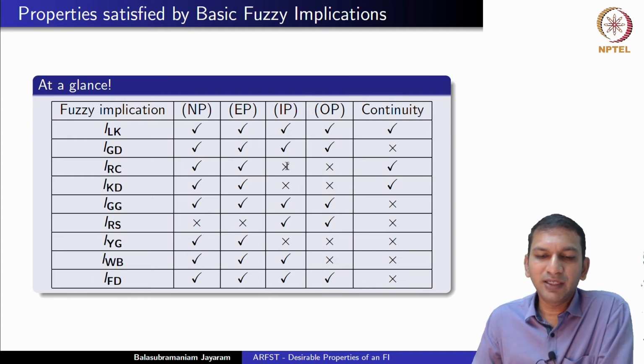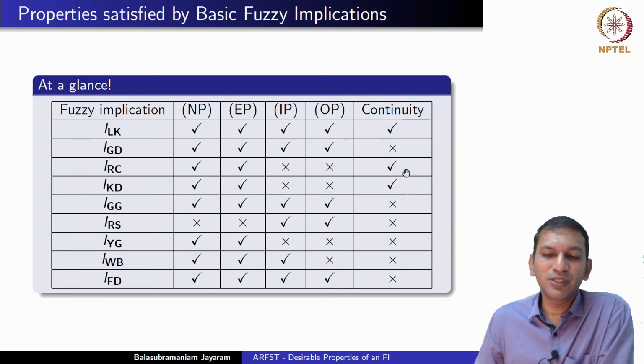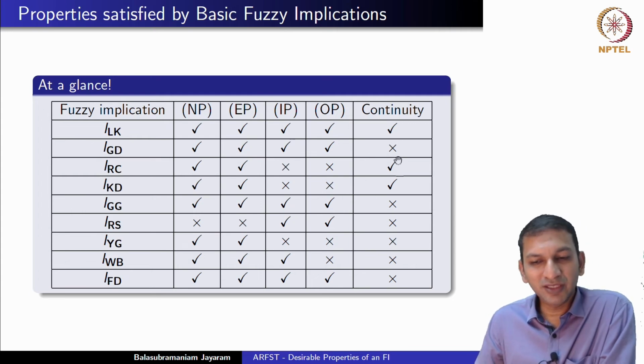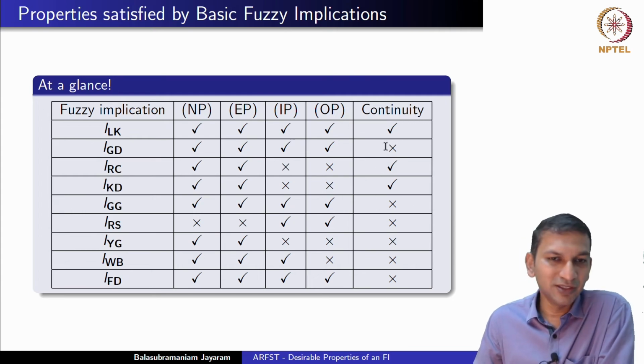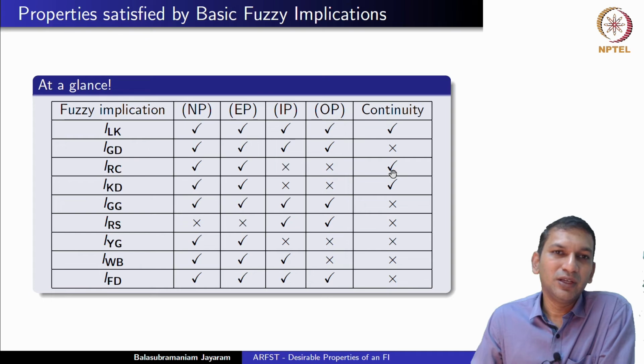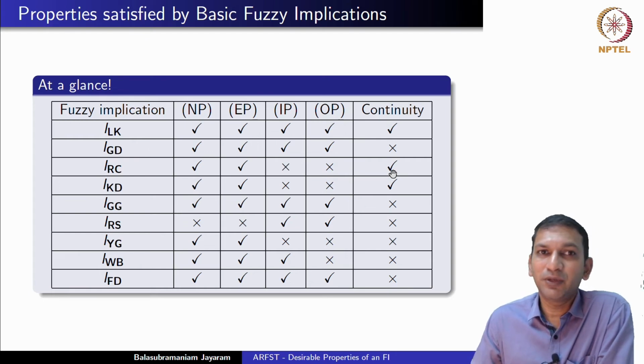For the identity principle, there are many fuzzy implications that do not satisfy it. If it does not satisfy IP, clearly it cannot satisfy OP also. And there are also very few basic fuzzy implications which are in fact continuous. So you see here, non-continuous fuzzy implications, we have somehow presented them as basic fuzzy implications, which tells you that in spite of not being continuous, they play a vital role when it comes to using fuzzy implications in a particular context.